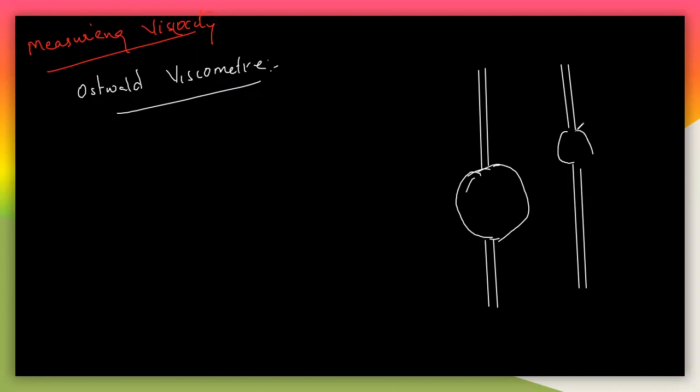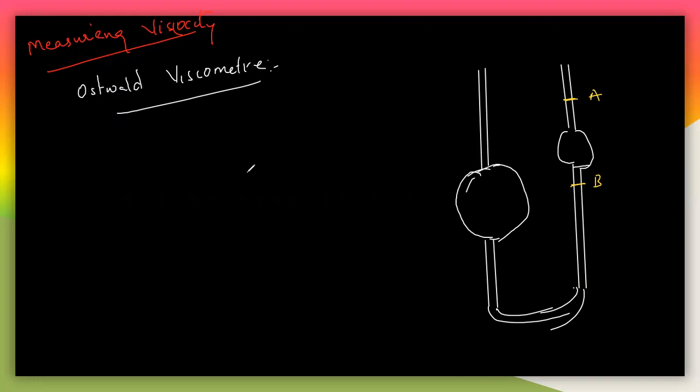There is again a small tube here, and it is a U-tube like this. And there are markings. Let us say it is A, and it is B like this. And here there will be C. So let us understand first these markings here. Ostwald viscometer, let us understand this.